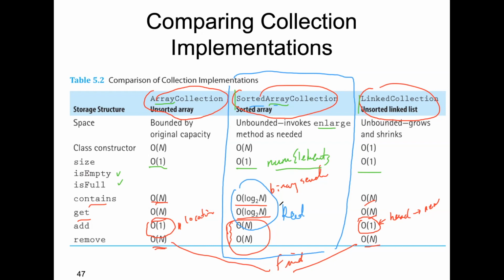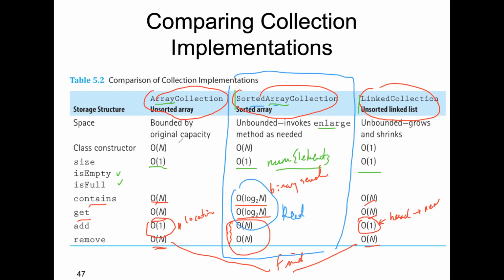And reads is super efficient because O of log n as compared to the other two, which require O of n. So use sorted array collection when one, elements are sortable, two, and most of the time, the client just needs to fetch information from this collection.